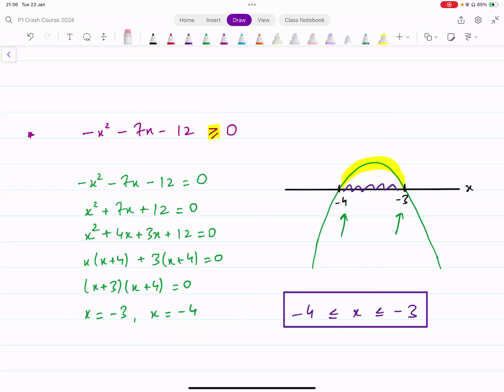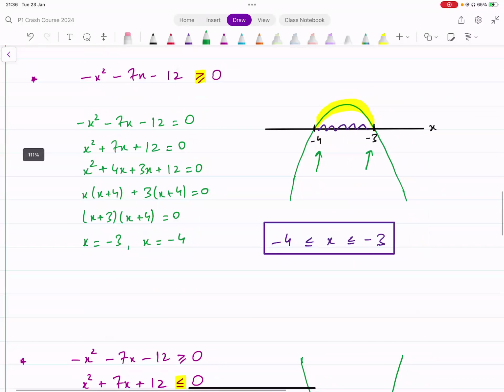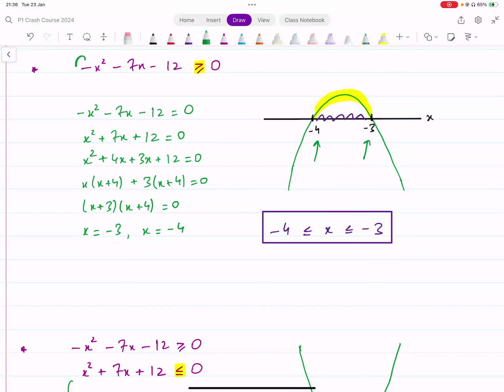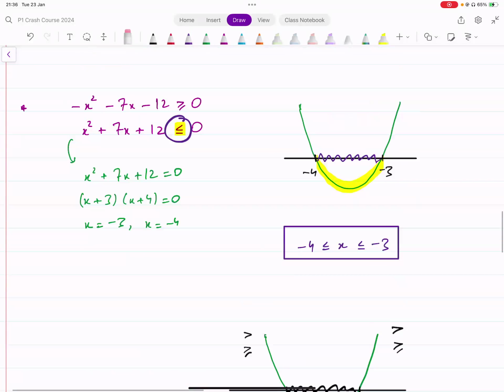The other way of doing this, which I suggested, was that you could make this negative positive in the beginning. You multiply the inequality with -1 in the very beginning. When you do that, remember your inequality sign is also going to change. And then you do the same thing.